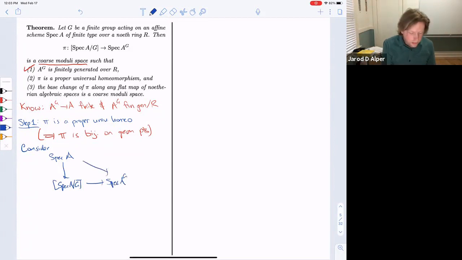So we have this commutative diagram, and because G is finite, this morphism is finite. And we've already shown that this map is finite. And by construction, because the invariants are a subalgebra of A, this is schematically dominant, and in particular, therefore, it's surjective. And because it's surjective, you can then infer that this map is proper.